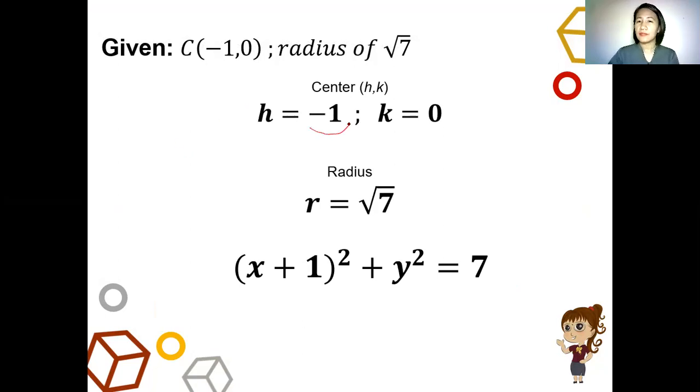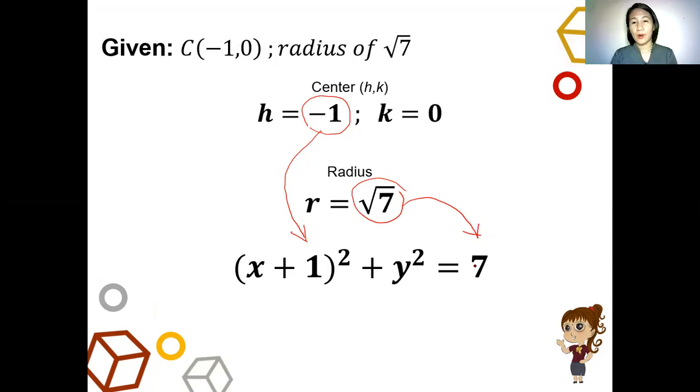If you are given a negative coordinate, when you place it in the equation, it becomes positive. While for this one, since you have a radius which is a radical number, when you place it in the equation, you just have to remove the radical.